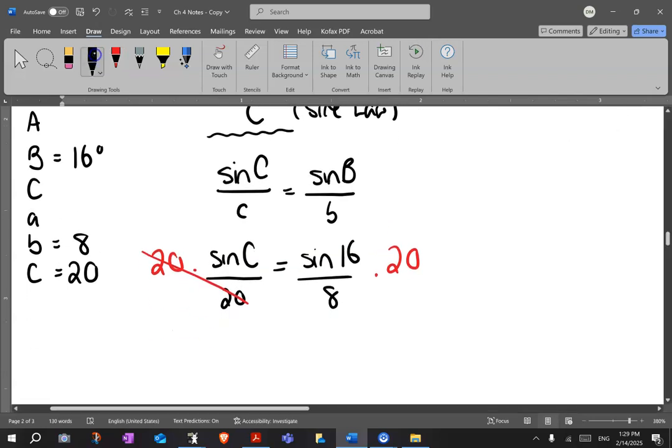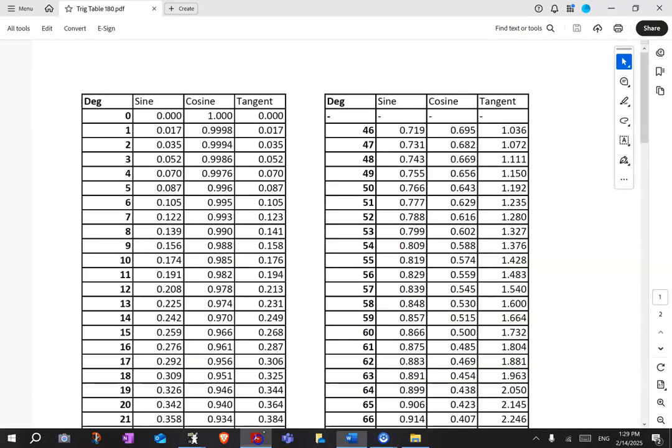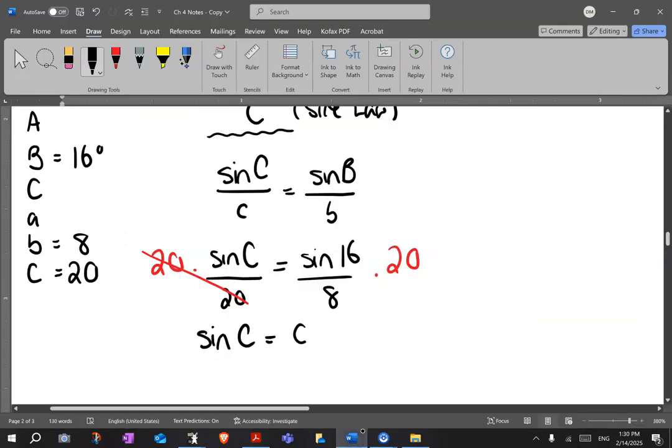Your calculator won't even do that. So it's kind of nice to use the table. So sine of 16, I'm going to use this table. Okay, that's right there. 0.276. So 0.276 over 8 and times 20.